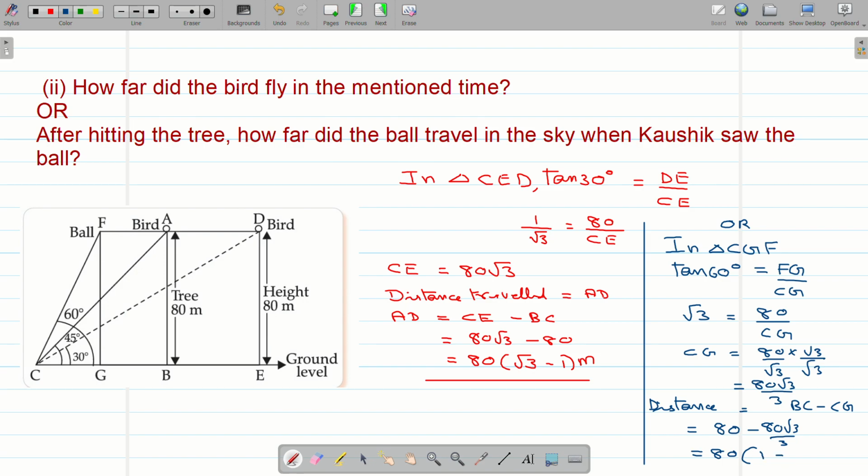So it is 80 bracket 1 minus root 3 by 3 meters. You don't need to do both, only one part is to be done.